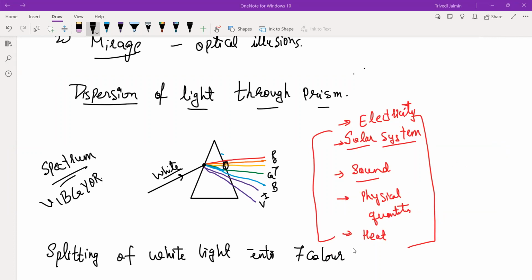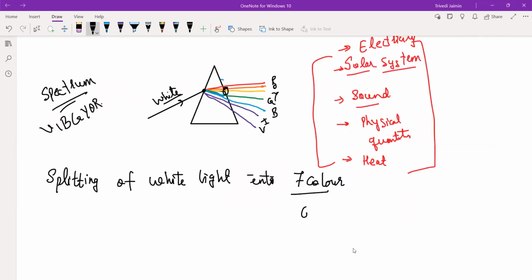Now these 7 colors are the constituent colors of white. We give a name as VIBGYOR in short.